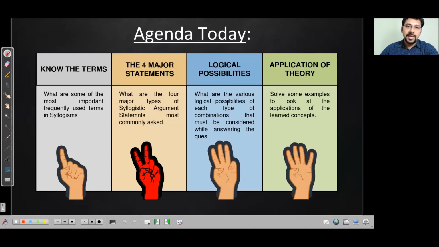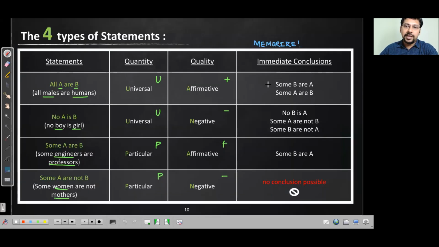And hence, in this case, we can always immediately say, without any proof, that some B are A. And also, if all of the males are humans, then obviously some of the males will also be humans.